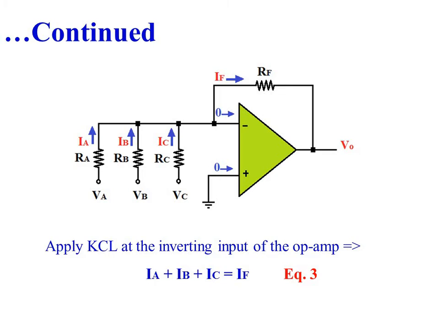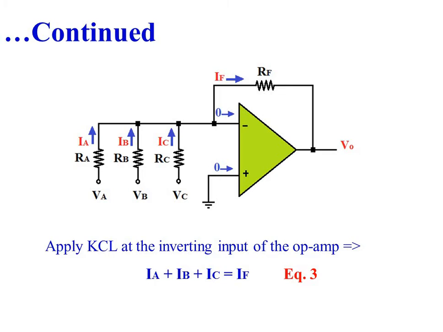That means the current flowing towards the inverting and non-inverting inputs is equal to 0. So actually there are 4 currents associated with the inverting input of the operational amplifier. And these 4 currents are IA, IB, IC and IF.